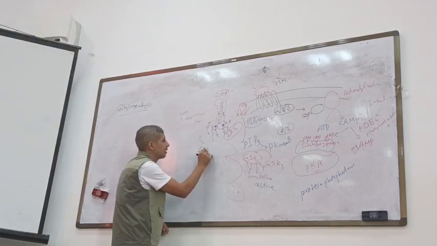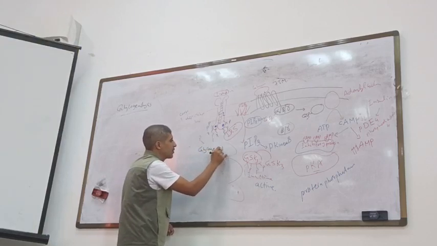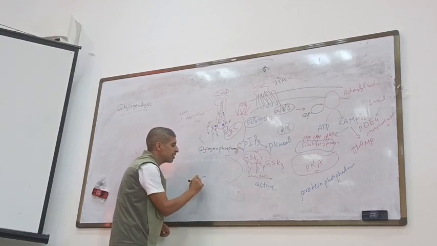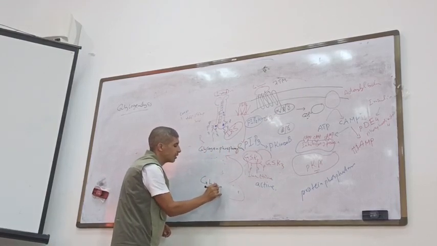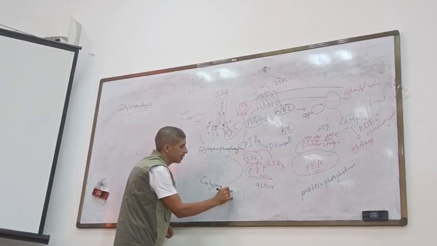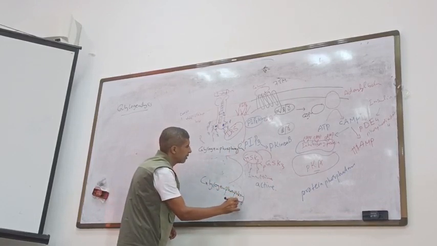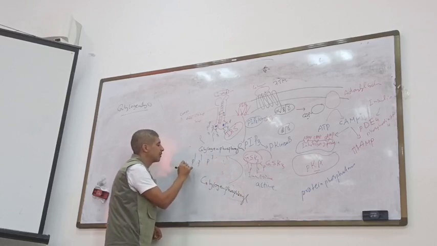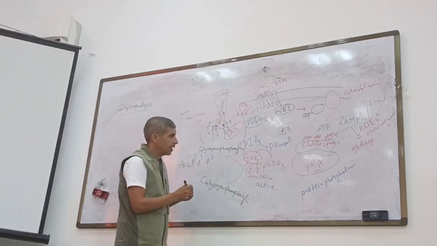The regulatory enzyme is glycogen phosphorylase, and the phosphorylated form is active.